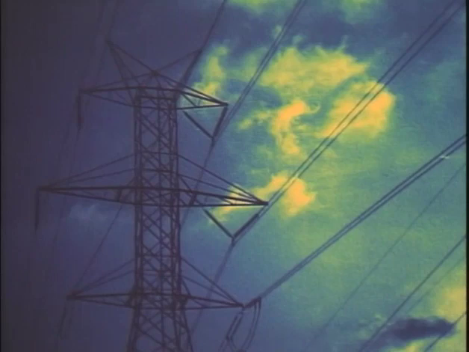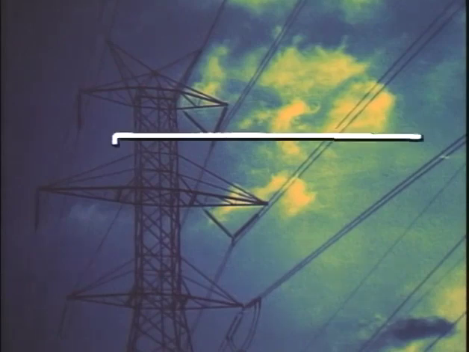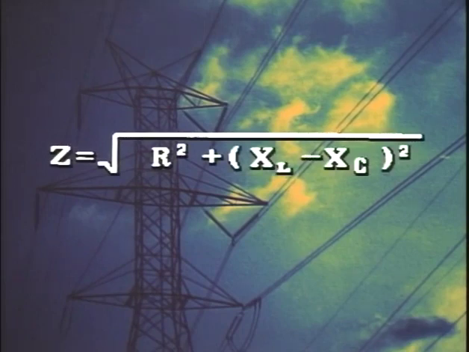Since impedance is the total opposition offered to the flow of alternating current, its properties are major contributors to power loss in transmission systems. As an equation, impedance can be expressed like this. Z equals the square root of R squared plus the difference between X sub L and X sub C, squared.